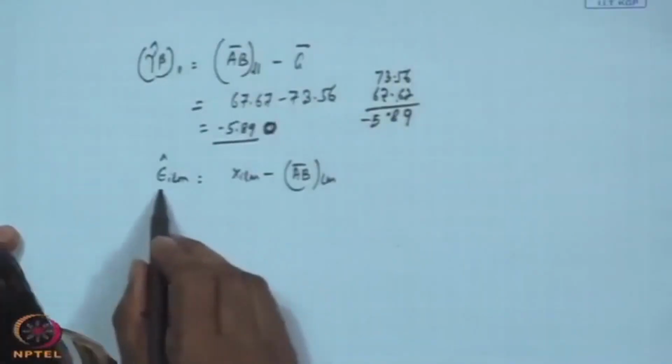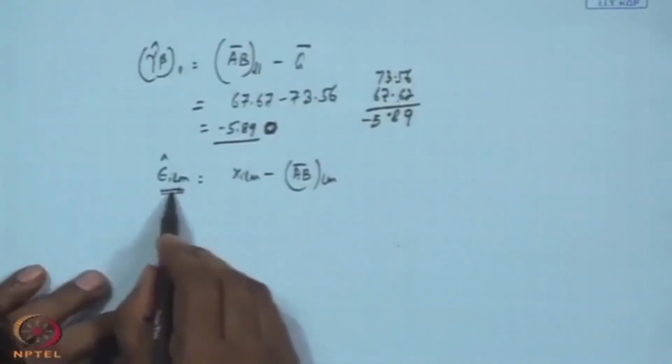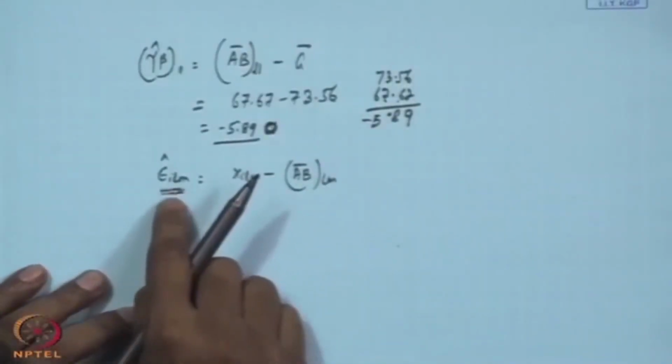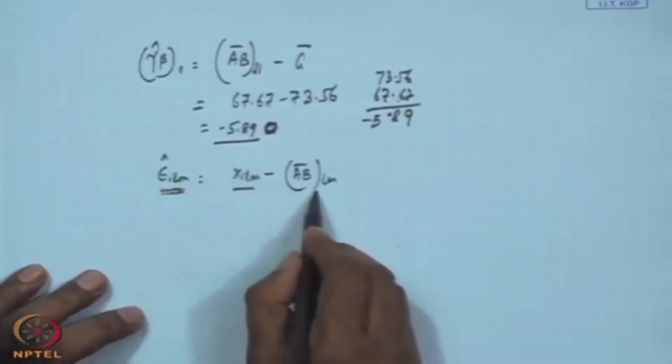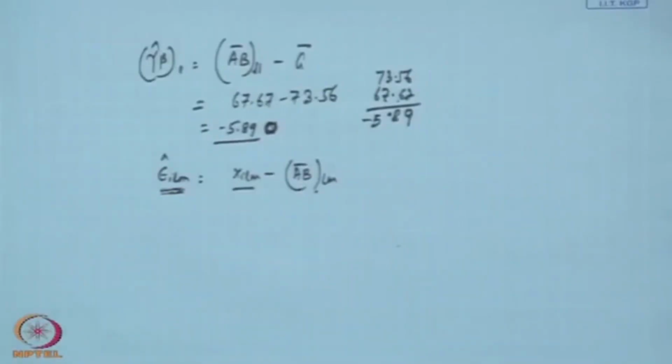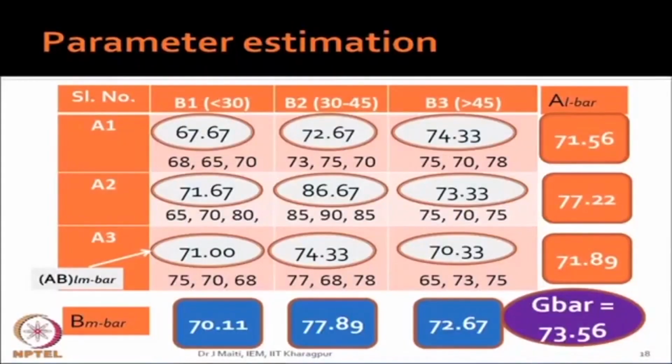By this manner now you will be able to compute the errors also. Error is X ILM minus AB bar LM. So, AB bar LM you have already computed, this is the AB bar LM. So, 67.67. Now, what is X 111? 68. So, 68 minus this, similarly 65 minus this, 70 minus this.